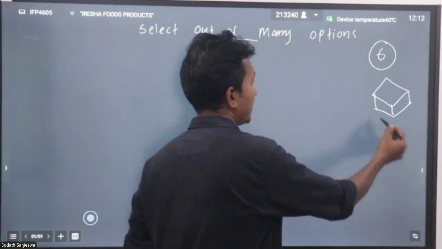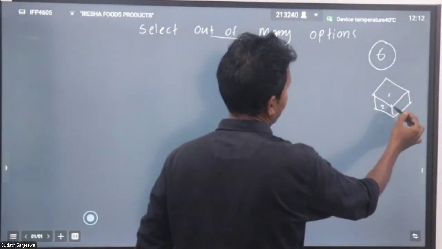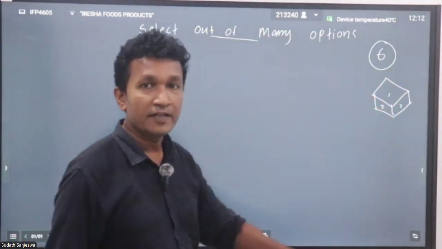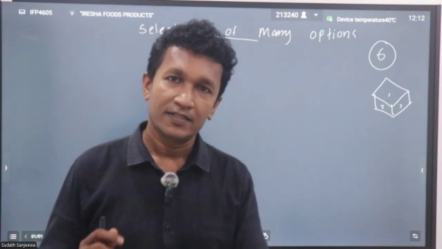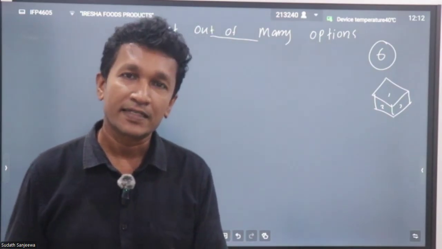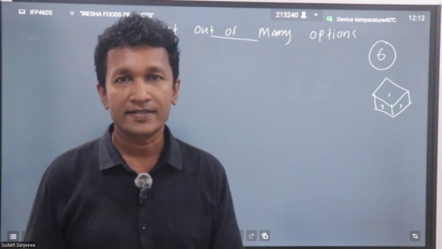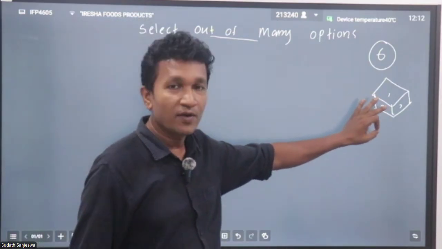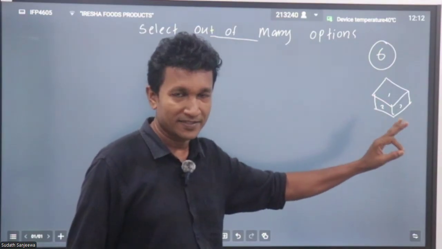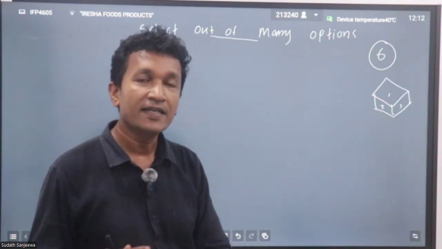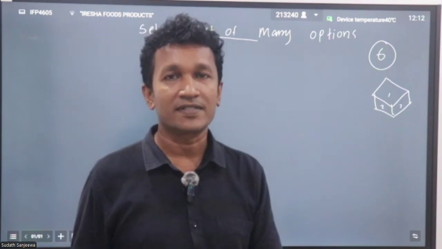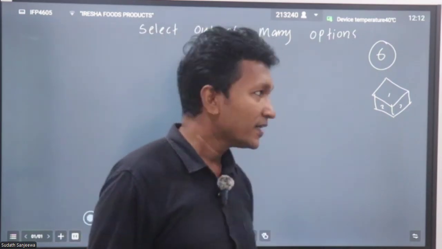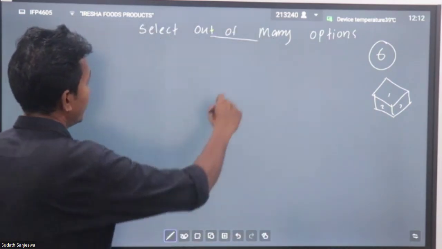When we toss the dice we can get 1, 2, 3, 4, 5, or 6. Depending on the result, we have to display a message. This is a selection out of many options. How do we draw this kind of flow chart?